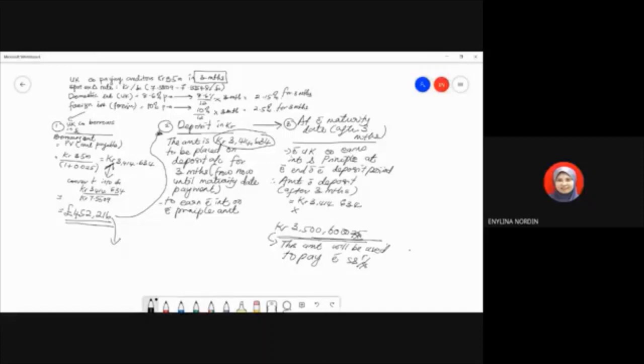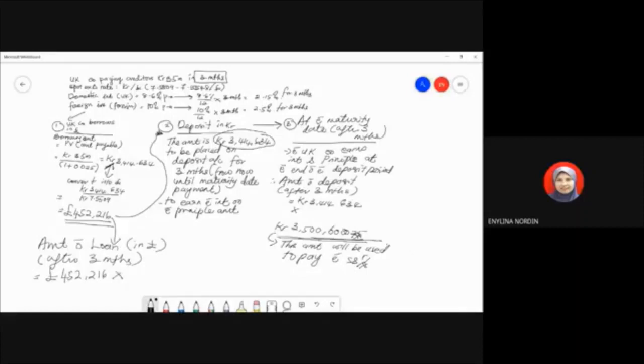The amount of loan, which is in pound just now, after 3 months becomes how much? It equals the principal amount that you borrow, in pound, multiplied by the interest rate in the UK, because it is in pound.